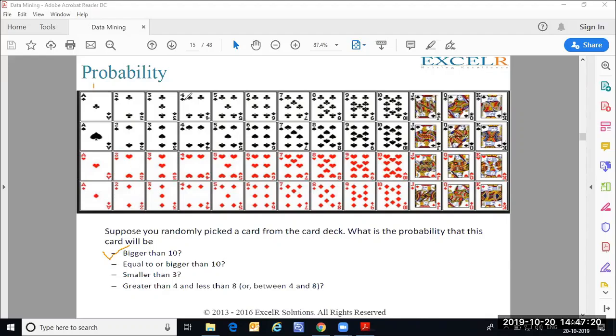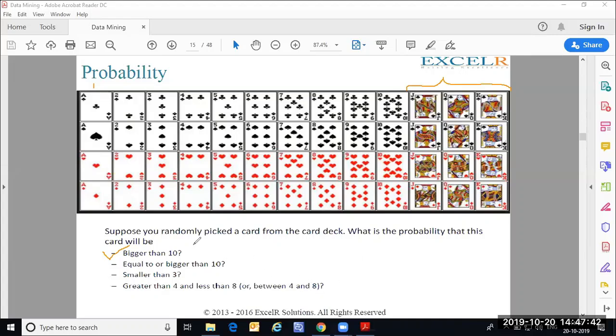12 by 52. Greater than 10, how many cards we have in each symbol? 3 cards are there. J, Q, K. Right? We have 4 different symbols. 4 threes are 12. The probability formula is number of interested events divided by total number of events.